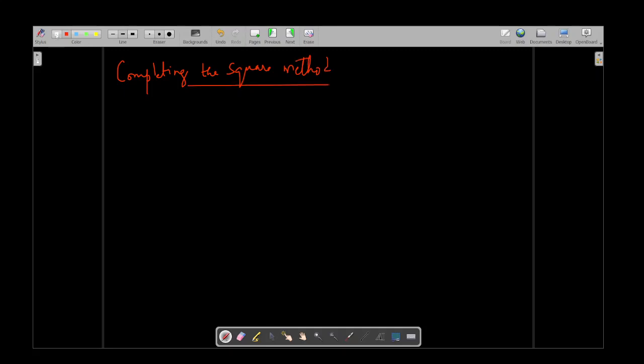So we know that if a is positive, the curve would look up like this, and this point is called the minimum point.